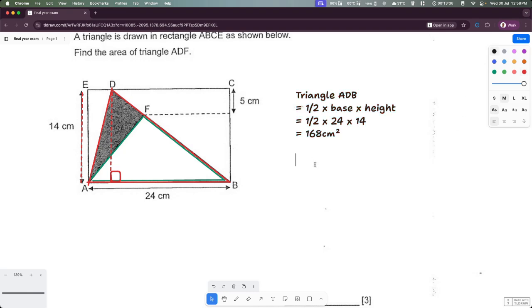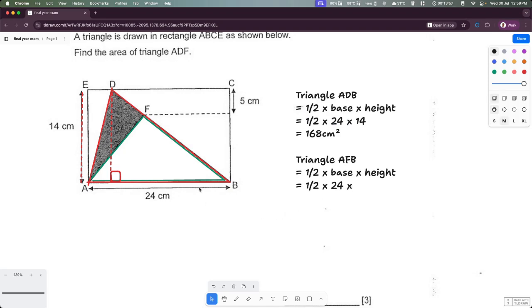So next one will just be triangle AFB. AFB is equal to, so we know the height, we know the base. The base is still 24 as well. So the triangle is still half times 24, but what is the height?